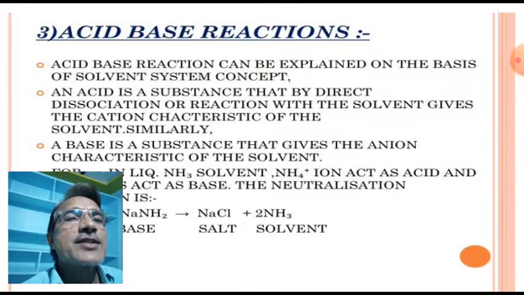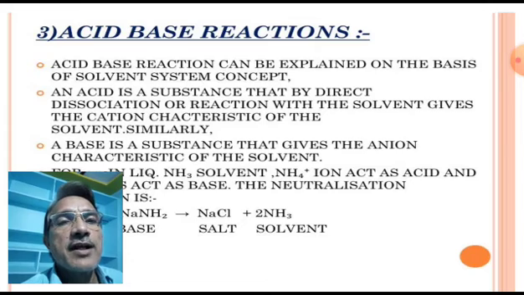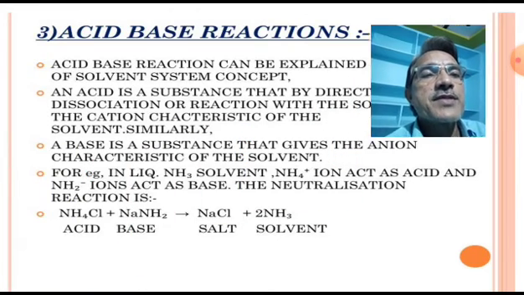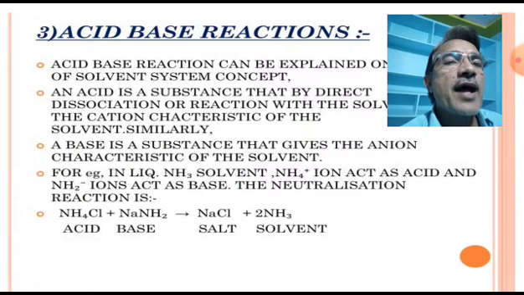These acid-base reactions can be explained on the basis of solvent system concept. An acid is a substance that by direct dissociation or reaction with a solvent gives the cation characteristic of the solvent. Similarly, a base is a substance that gives the anion characteristic of the solvent.